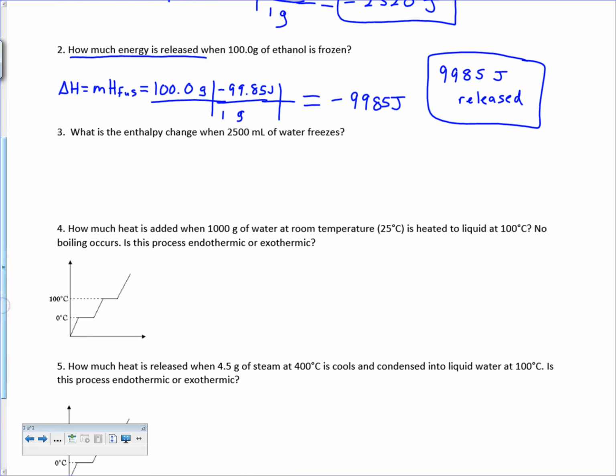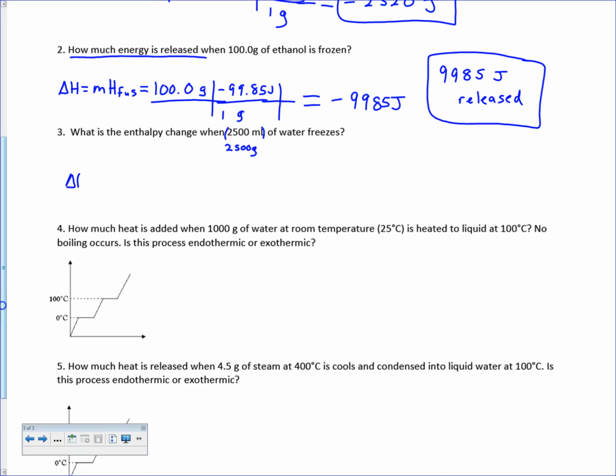Question 3 says, what's the enthalpy change when 2,500 milliliters of water freezes? This one relies on the fact that you know this is 2,500 grams because of the density of water. 1 gram is 1 milliliter. So again, this is freezing, so we're using heat of fusion.